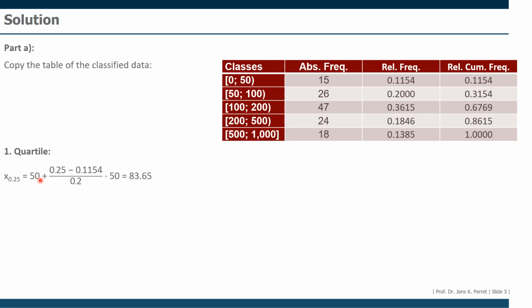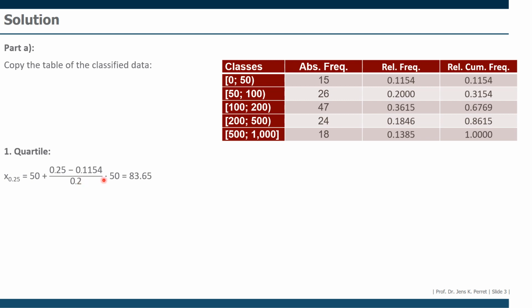That's the 50 plus the 25% from the quartile minus the relative accumulated frequency from the class before, so the one up here, the 0.1154, and we're going to divide it by the relative frequency of this relevant class, which here is 0.2.